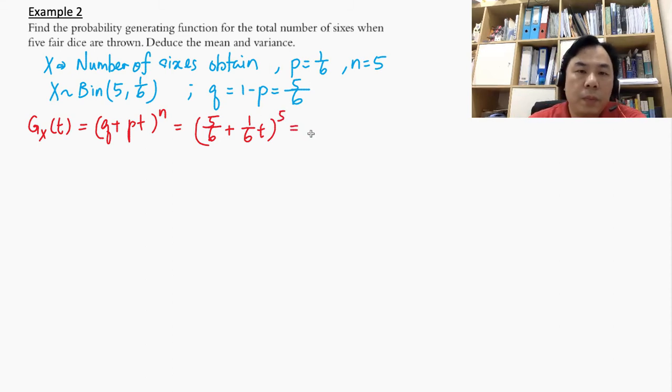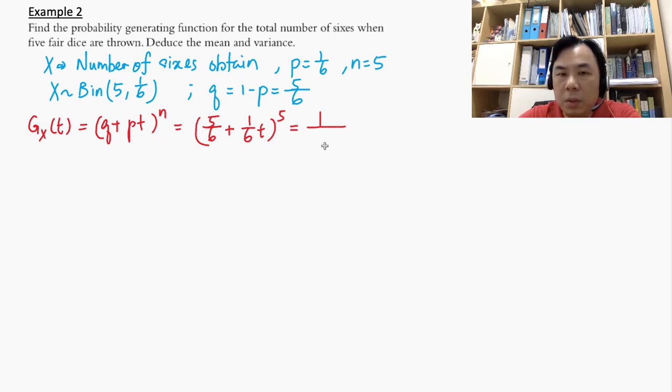Of course, you can simplify this. Take for instance, that will be 6 to the power of 5. Wow, there's a very huge number there. So let me get the number.